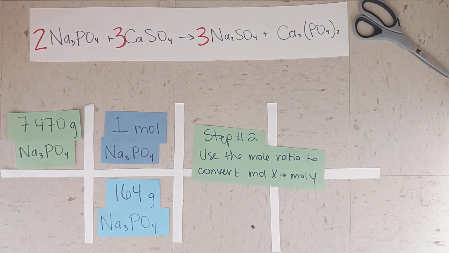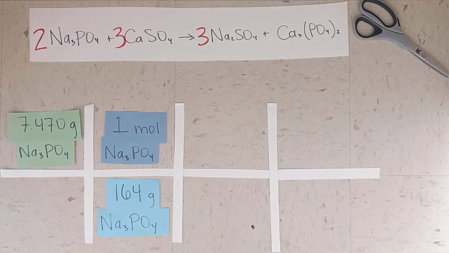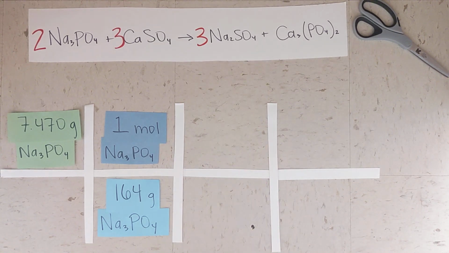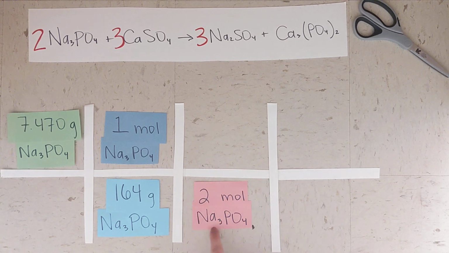Step 2, we're going to use the mole ratio to convert moles of X to moles of Y. So moles of Na3PO4 to moles of Na2SO4. And the mole ratio comes from our balanced chemical equation. We have 2 moles of Na3PO4 for every 3 moles of Na2SO4. So we put 2 moles of Na3PO4 on the bottom to cancel that out, 3 moles Na2SO4 on the top.